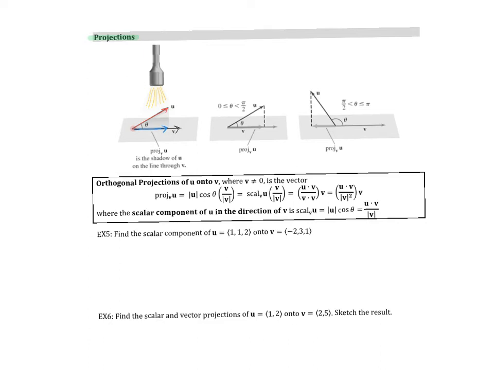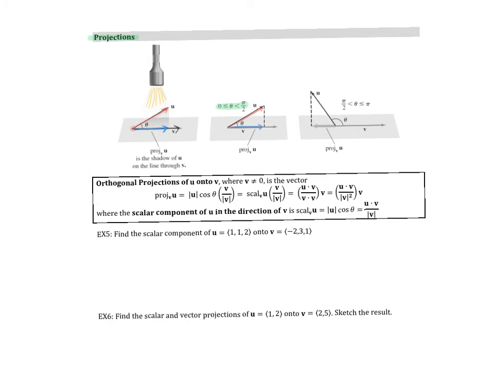So that's actually the same as this second diagram as well. We have this u, we have our vector v, and then we have this projection of u onto v. So that would be that shadow. Again, that's when we have an acute angle theta. So theta is between 0 and pi over 2.